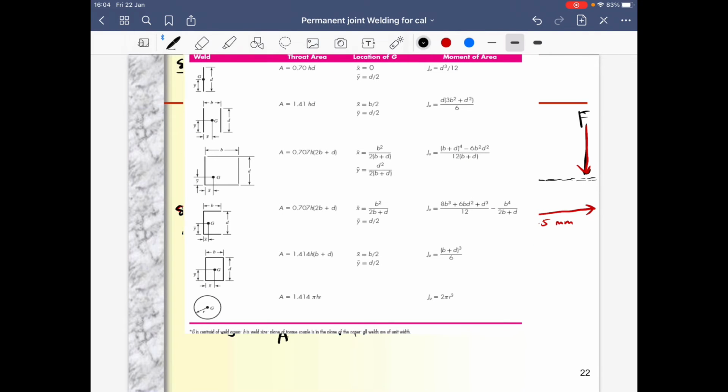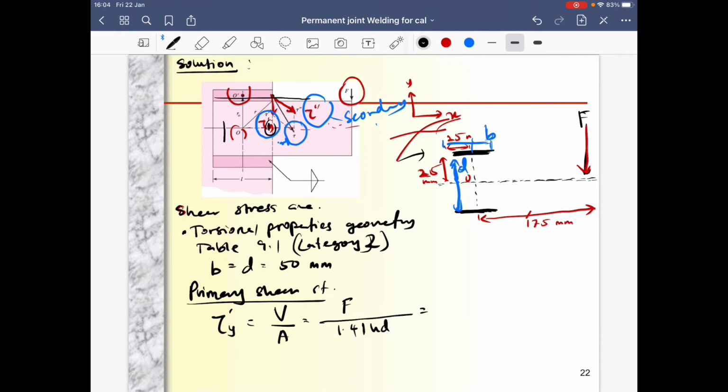This is the area. This is the location of G. Where was G? This one. And then if you calculate for the moment of area, you take that one. F over 1.41. Some textbooks use 1.414. Okay, so that is 1.41 hd.